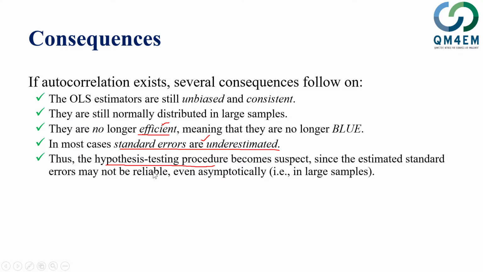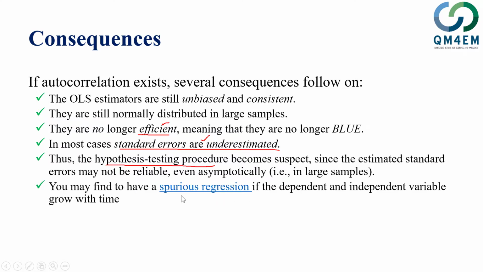This phenomenon refers to spurious regression. When your standard errors are underestimated, you end up getting a lower value. You end up finding a relationship between two variables that are moving together over a period of time but have no real relationship.